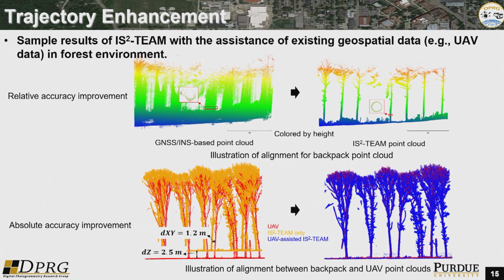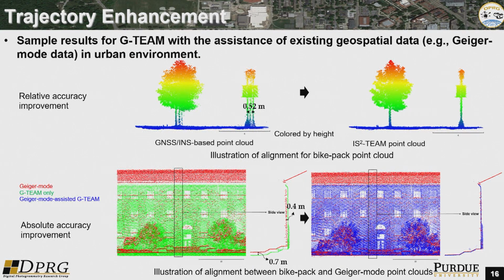And that's very, very important to make sure that the UAV data and the backpack data are well aligned. This is the same thing here. We are showing an example with the backpack data in Purdue campus. Again, in the top left, you have misalignment because of issues with trajectory.